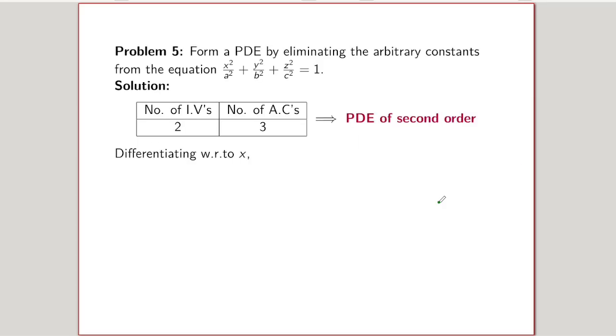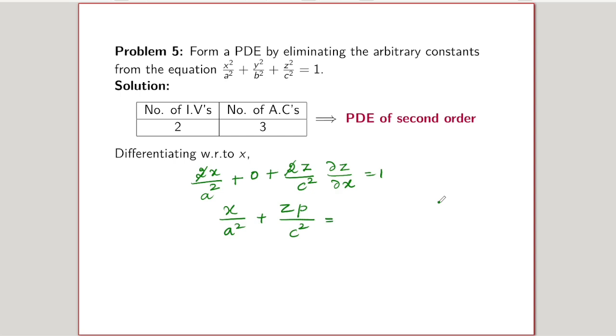So differentiating the given equation 1 with respect to x. So first we will be getting 2x divided by a squared plus, in the second term there is no involvement of x, so it is 0, plus, first we have to differentiate this z, so 2z divided by c squared, and then differentiating z with respect to x, we will be getting p. So first we can cancel this 2, and then x by a squared plus zp divided by c squared is equal to 0, differentiating 1 will give 0.